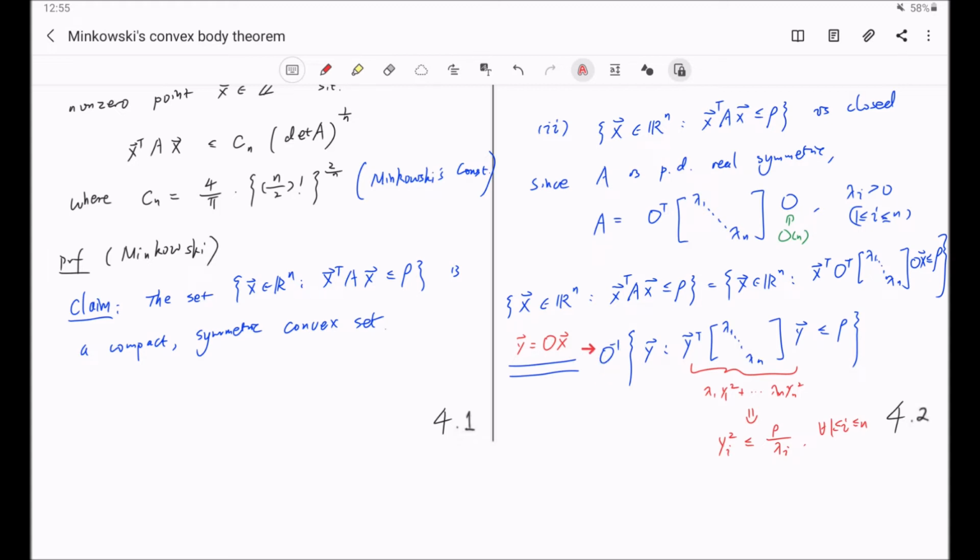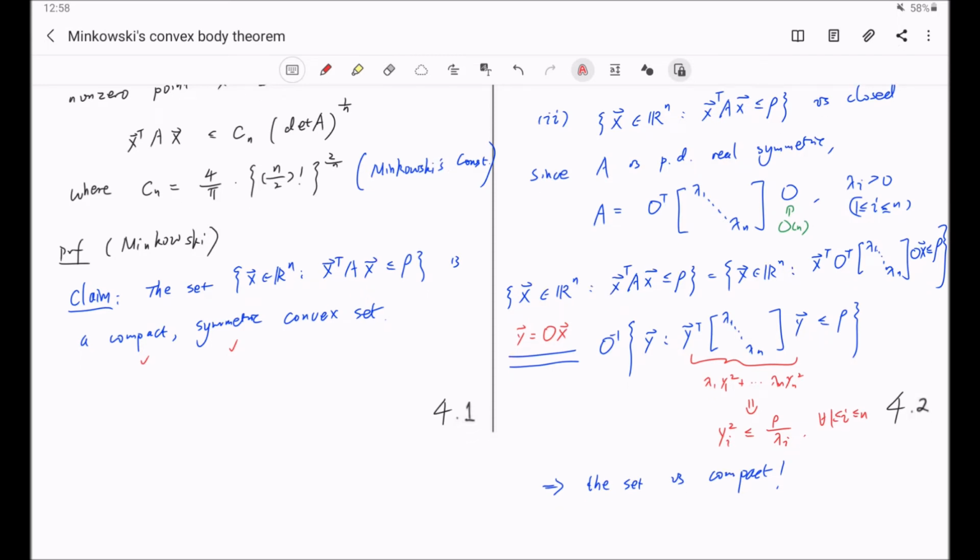And now an orthogonal transformation of a bounded subset still gives you a bounded subset in R^n. So the subset defined through a positive definite real symmetric quadratic form is bounded. So it is closed and bounded, so it is compact. So now we have checked that it is symmetric and compact. It remains to show that it is also convex.